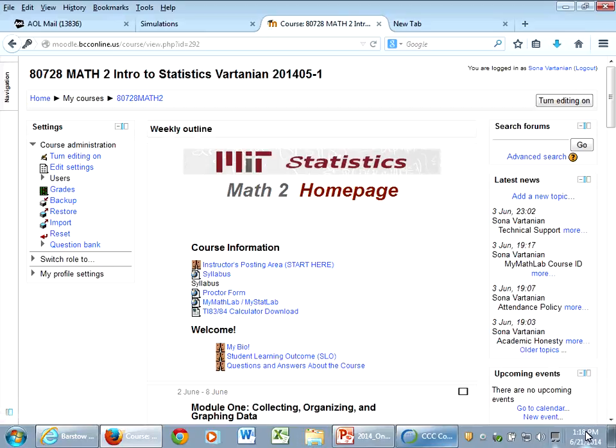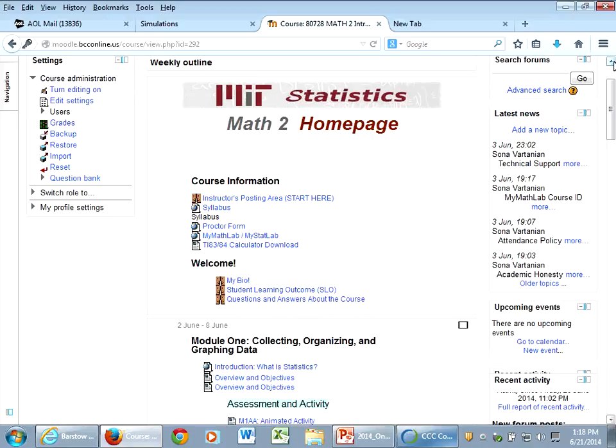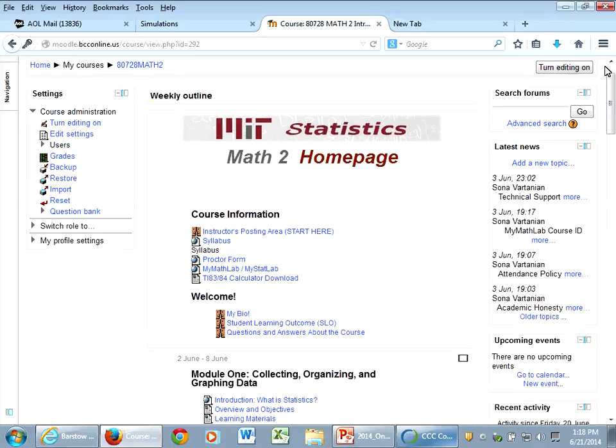Here's my statistics course, and our stat course is articulated with CSU and UC. It's a 4-unit course, and it also has a lab component, in which students are required to use technology to perform statistical computations. And here's how I implement our regulations.